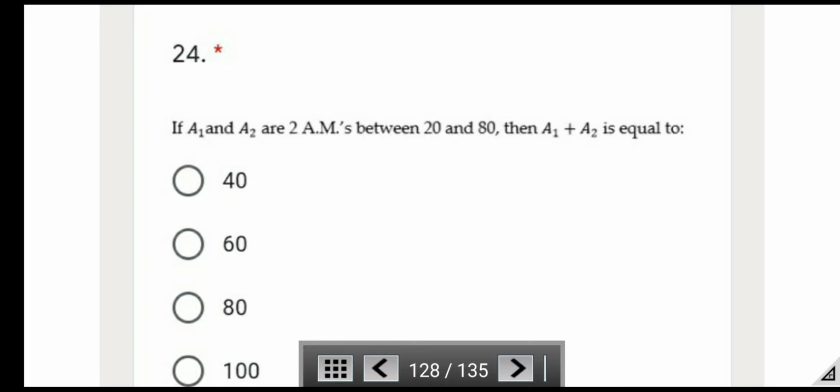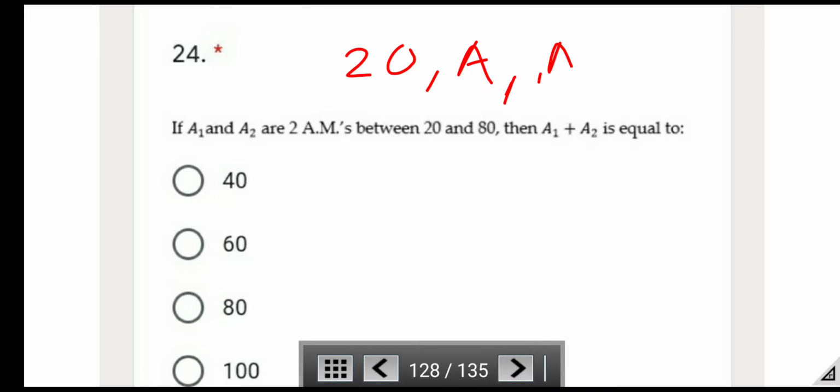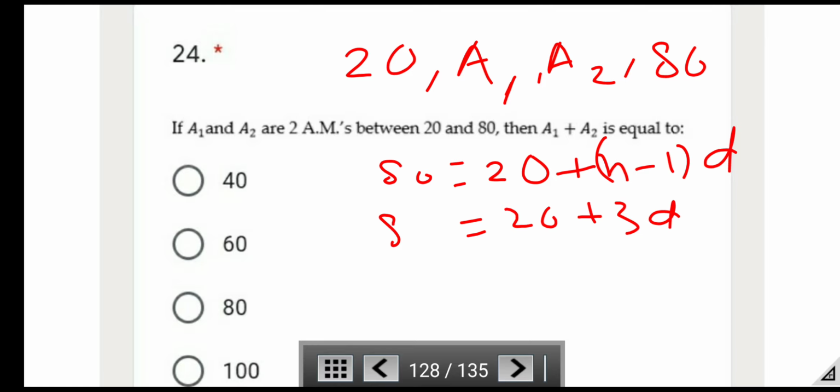Next question number 24. If A1 and A2 are two AMs between 20 and 80, then A1 plus A2 is equal to. Now let A1 and A2 be two means between 20 and 80. Now 80, because 80 is the fourth term, is equal to A plus n minus 1 D, and n is equal to 4, that is 20 plus 3D equals 80.